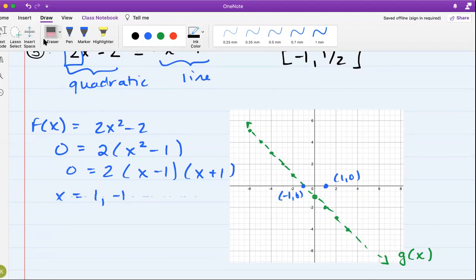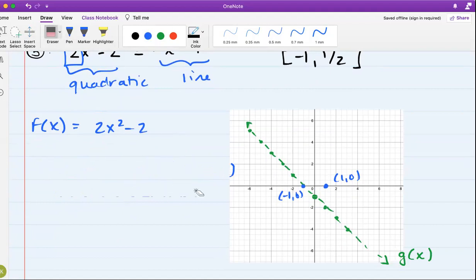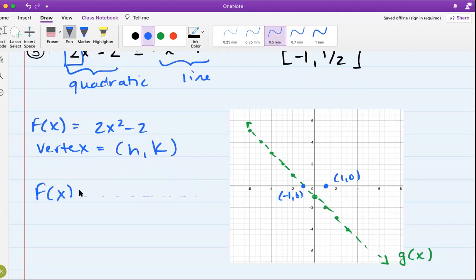To find the vertex, I'm going to look at this function. Remember that the vertex is h comma k. This function is 2x squared plus 0x minus 2. Notice that there's no b term here, this b times x.